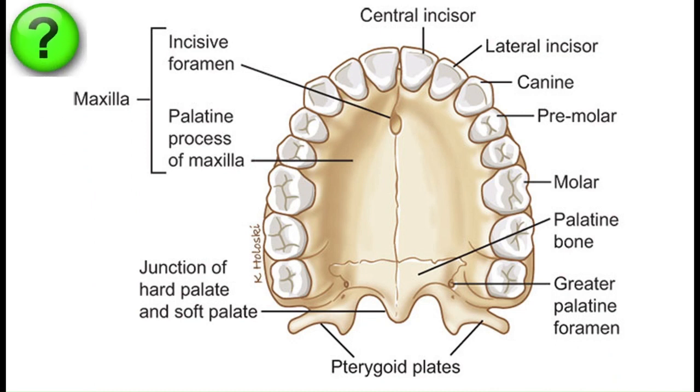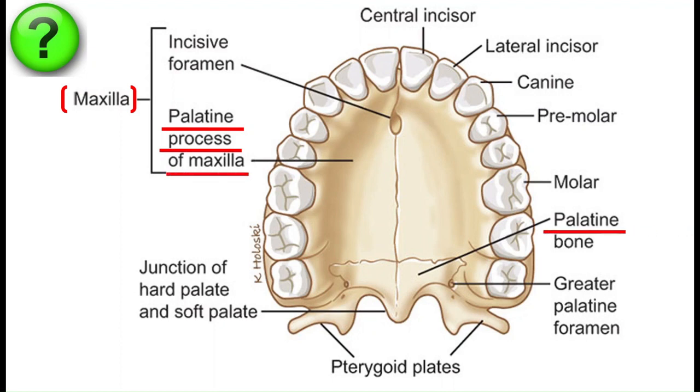I'm sure by now you know what this image is. It is an image of the roof of the mouth made by the hard palate, and the most anterior part is made of parts of the maxilla, and the maxilla sends horizontal processes making the roof, and these horizontal processes are called the palatine processes of the maxilla.